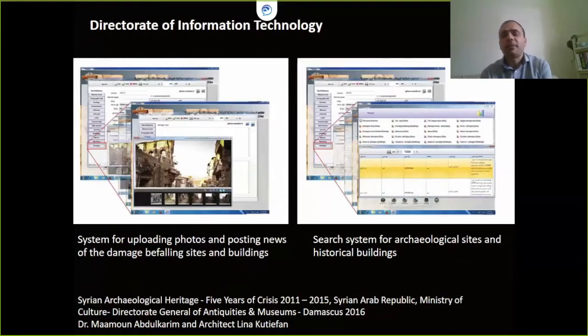That's why the archaeological mission or the general directorate of antiquities and museums in Syria started to think about how we can use technology to document and allow the community to help and take ownership over documenting, preserving and protecting heritage.